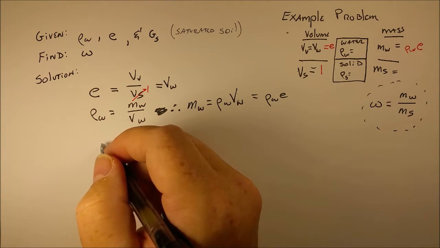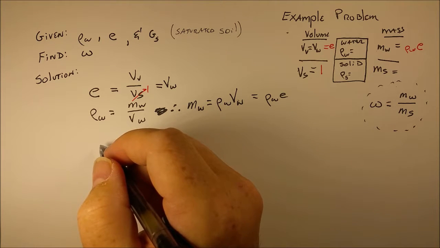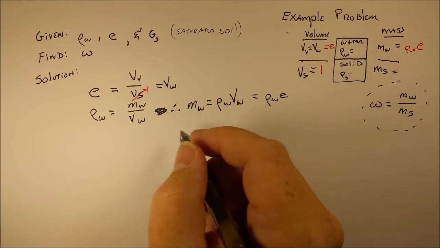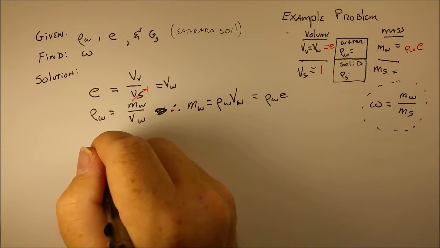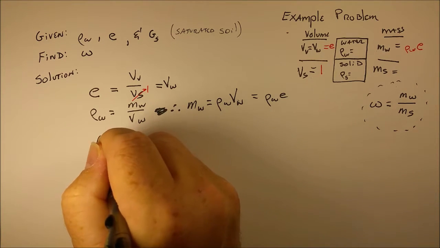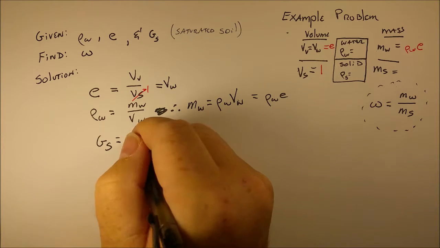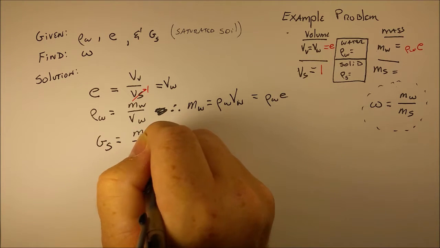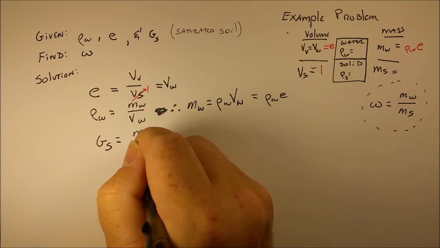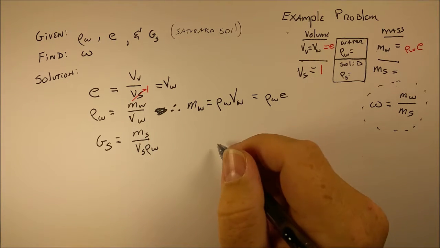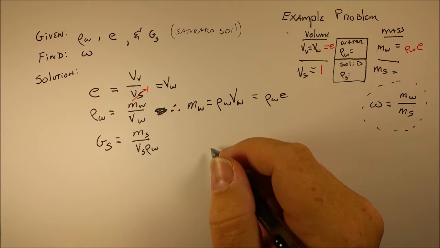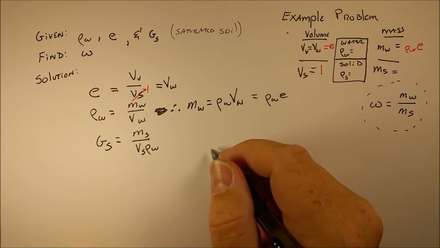Now let's go ahead and continue on with that. So now we're taking a look at this. So we're given G sub S, which is your specific gravity. We know that specific gravity is equal to the mass of your solid divided by the volume of the solid times rho W. You know that from the diagrams that we had in class.